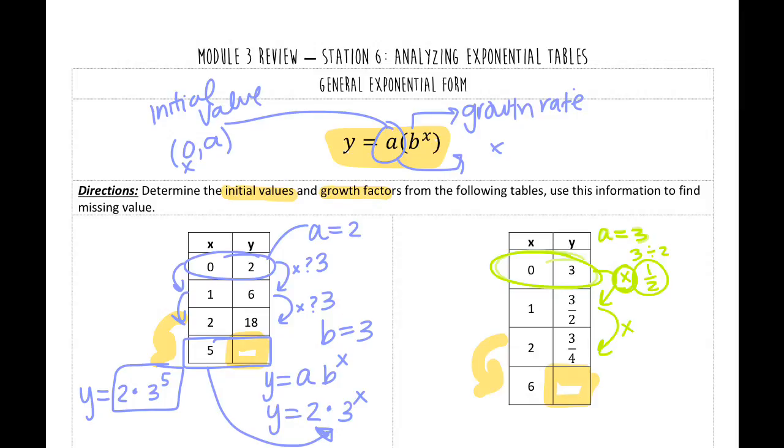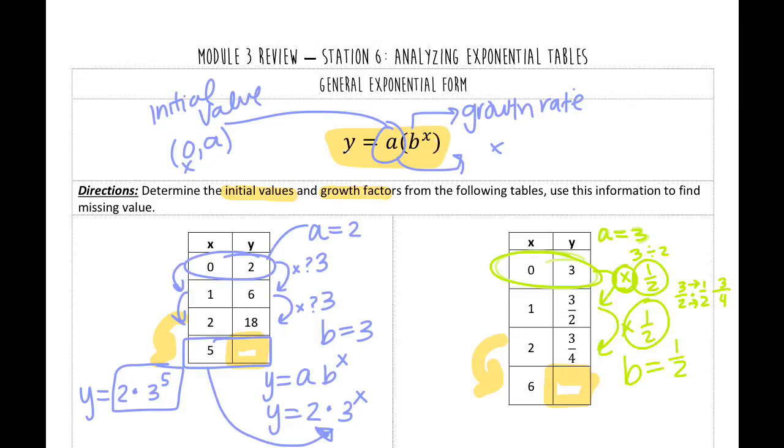I'm going to do 3/2 times 1/2. I multiply straight across and I get 3 on top and 4 on the bottom. So it does work out. What I'm multiplying by over and over again has to be 1/2. So that means B equals 1/2.